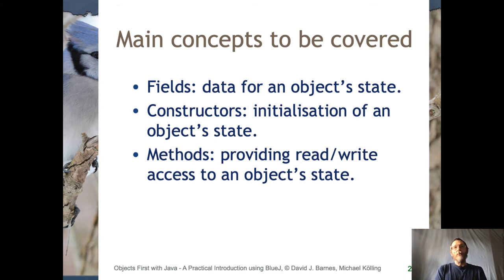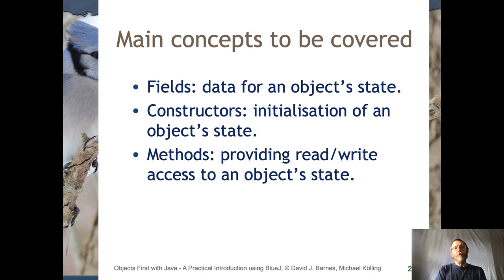Now, we need to begin to introduce some bits of Java terminology, and these concepts will be quite important from this point onwards. Up to this point, we've been talking about items of data and data values with respect to objects, and Java has a particular word for that, and that's the word field. Those things that can store data inside an object, each one of them is an individual field, and we'll see what that means in practice in source code in a little while.